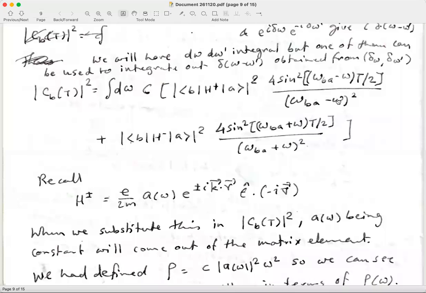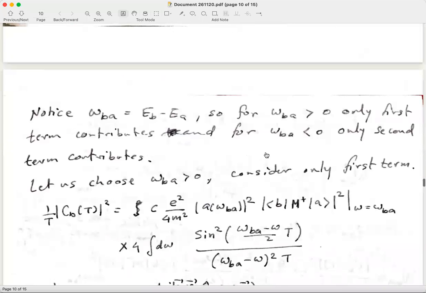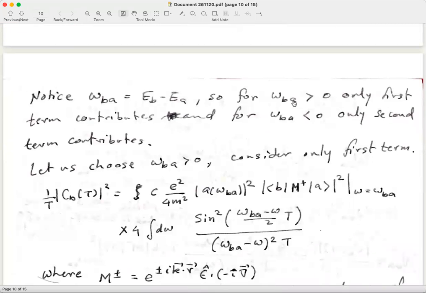This omega is positive because we are working in the real basis for the electromagnetic radiation, and omega was positive semi-definite. If omega BA is positive, that means the energy of state B is larger than the energy of state A, and we would have a contribution coming from here. If omega BA is negative, then this other term will contribute.